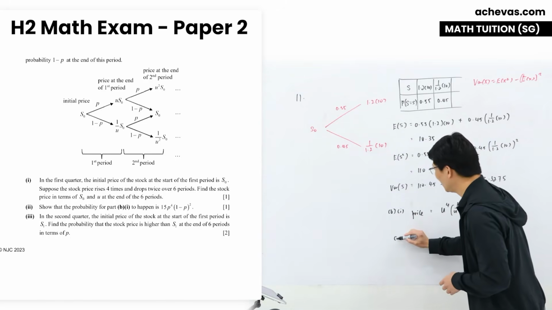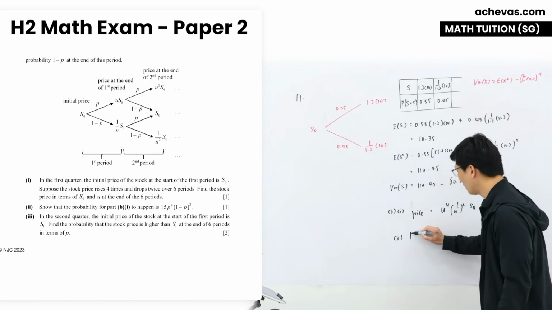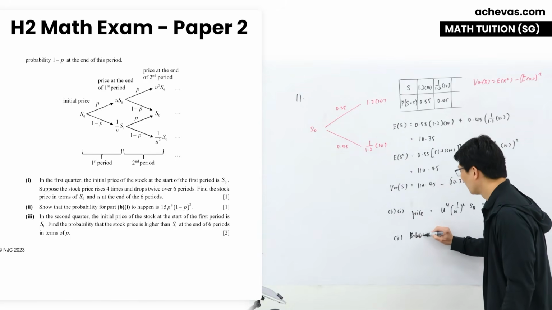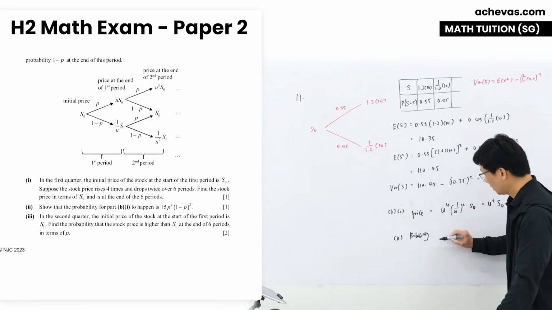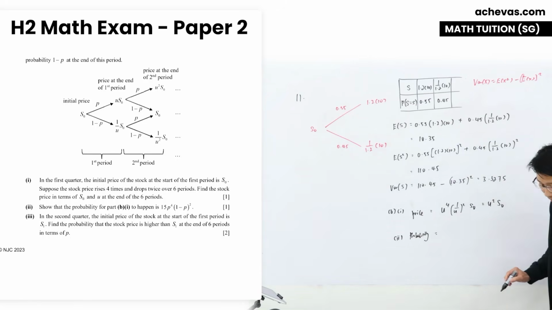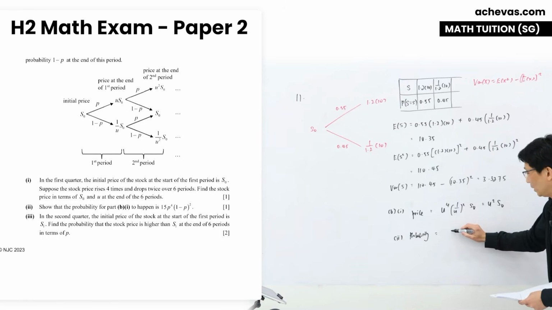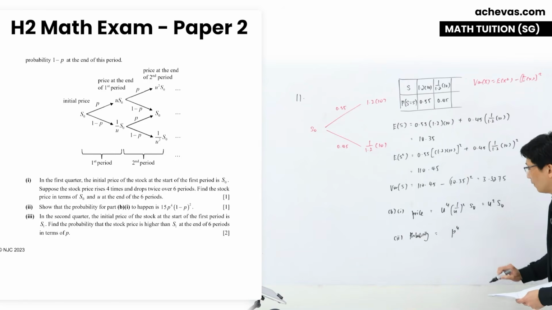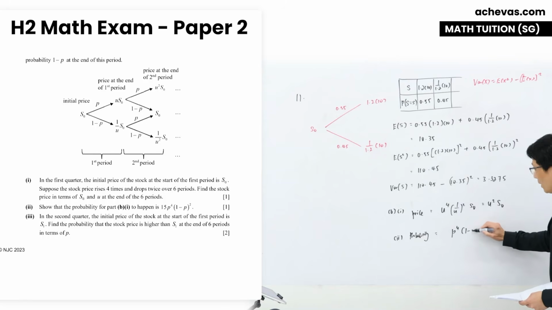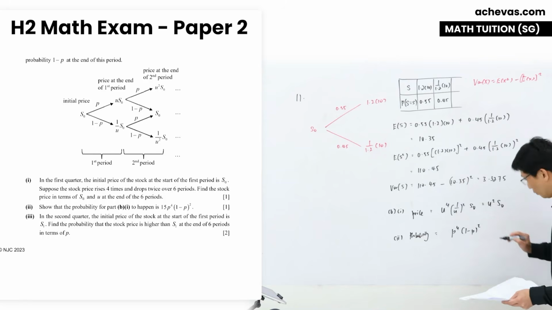So maybe the easier way, I will just do a permutation. So probability will just be equal to a permutation. For the 4 up, the probability will be p to the power of 4, and 2 down will be (1 minus p) to the power of 2.